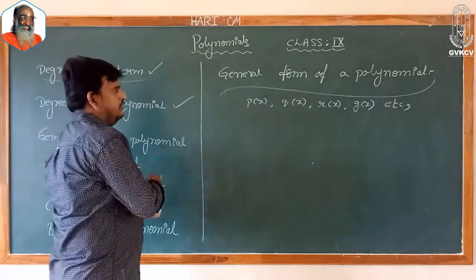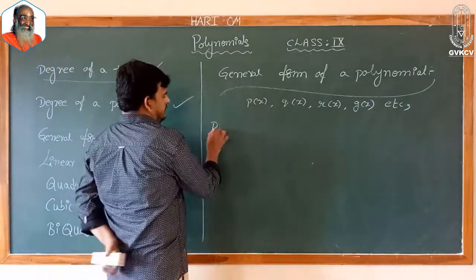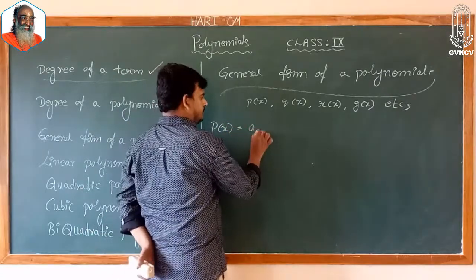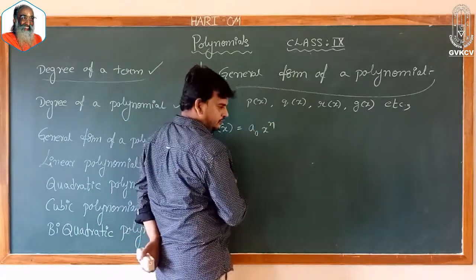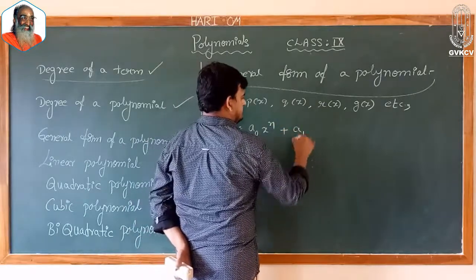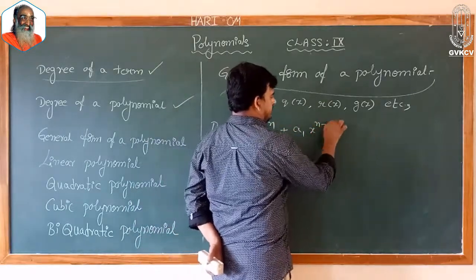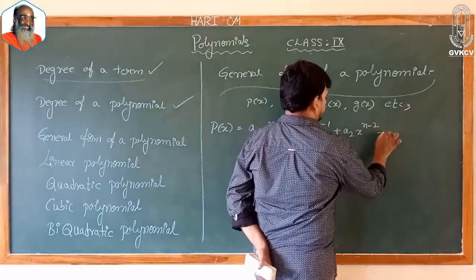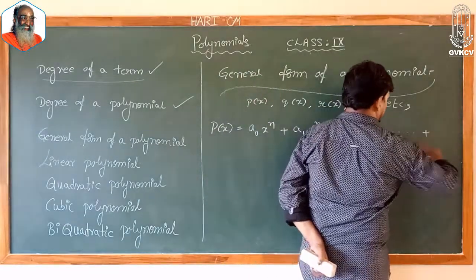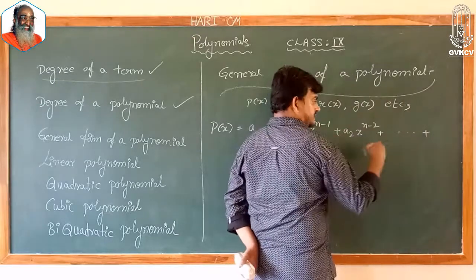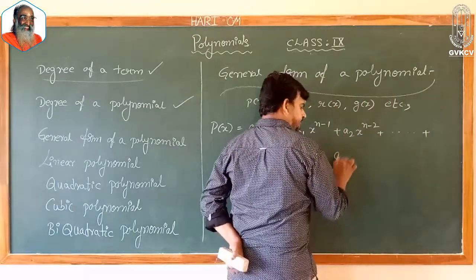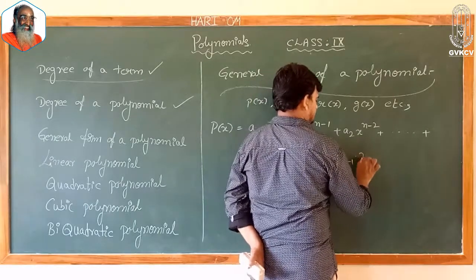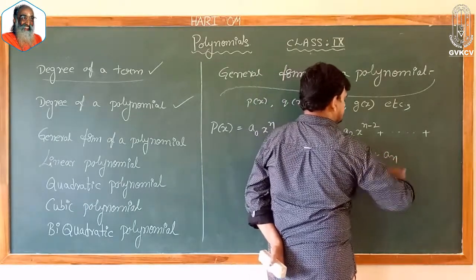Now the general form I am talking about. When we have a polynomial p of x, a0 x to the power of n plus a1 x to the power of n minus 1, a2 x to the power of n minus 2 plus and so on, a n minus 1 into x plus an.